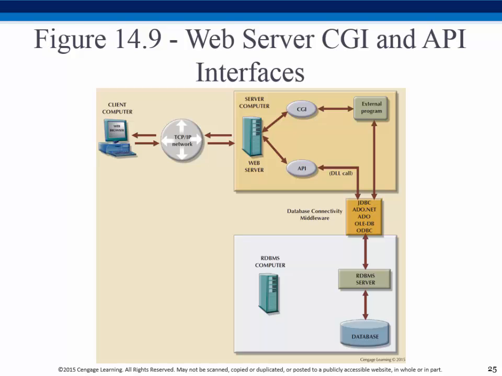APIs are faster than CGI scripts because the code resides in memory, so there is no need to run an external program for each request. Instead, the same API serves all requests. Another advantage is that an API can use a shared connection to the database instead of creating a new one every time, as is the case with CGI scripts.